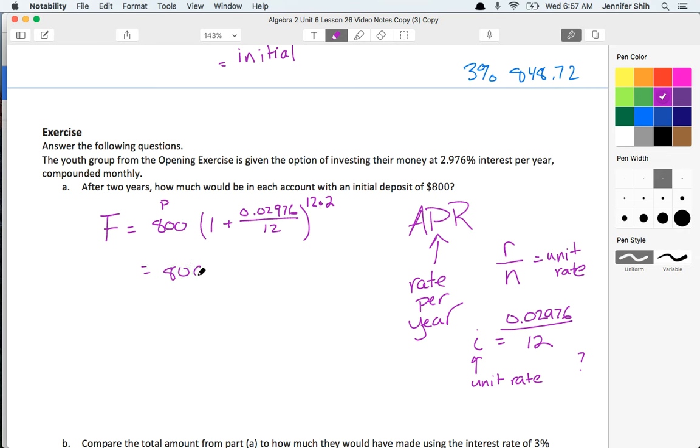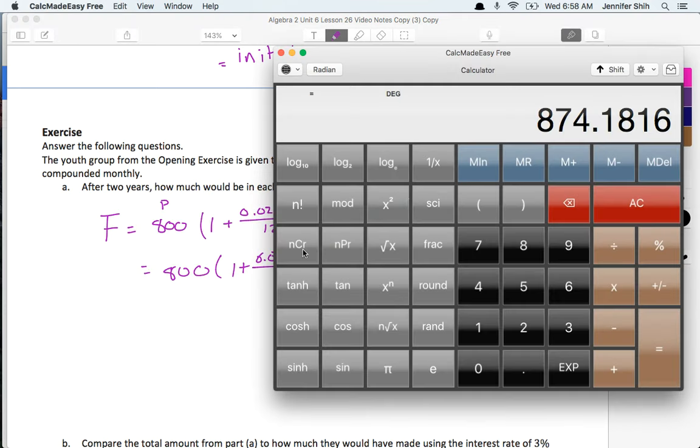So let me show you how I plug this into my calculator. I get to about this point, and then I'm going to calculate it. So, oh gosh, there's a 2 in here somewhere. Okay, 0.02976 divided by 12. I'm going to do this part first. I'm going to do inside my parentheses first.